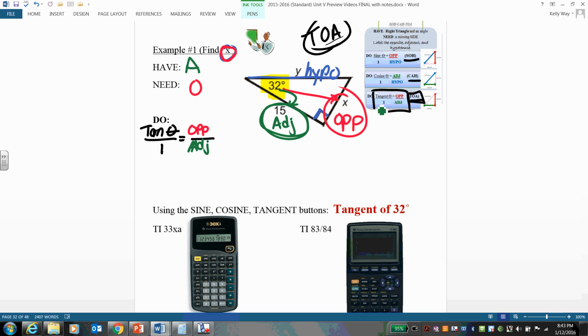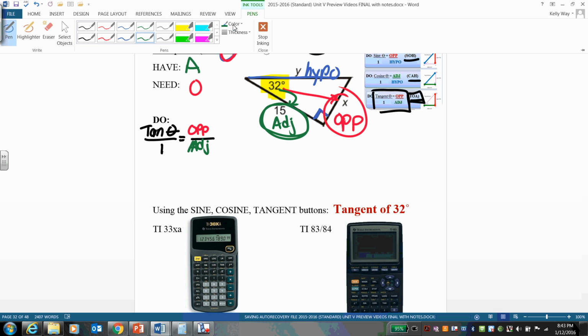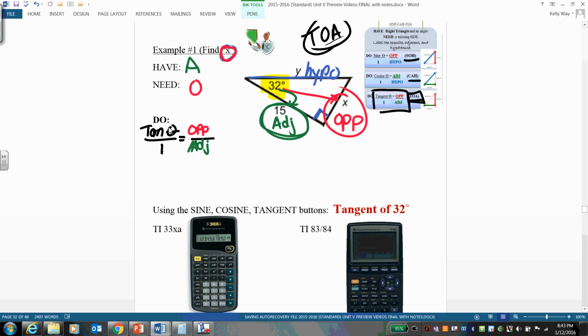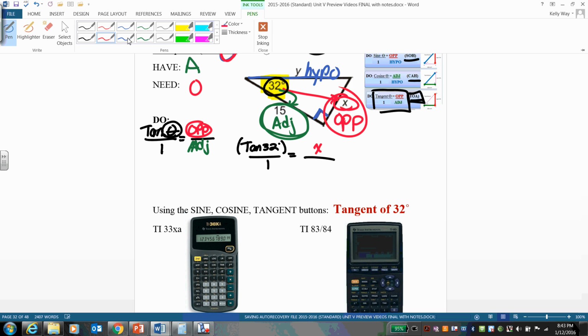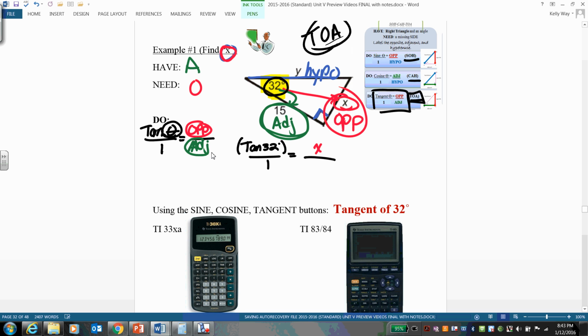Now we start plugging it in. Watch very quickly. I'm going to go in slow motion here. Tangent of theta. Our theta is 32 degrees. So I write tangent 32 degrees, with parentheses around that whole thing, over 1 equals opposite, which is X, over adjacent, which is 15.